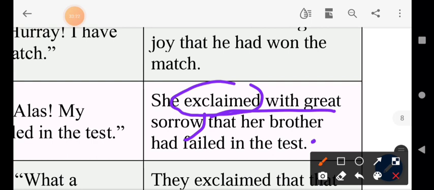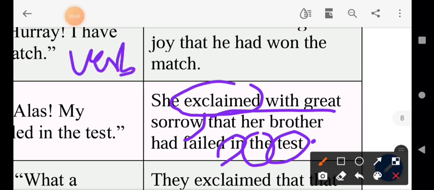The interjection word has been dropped. Her brother had failed in the test. "In" is a preposition, "the" is a definite article, test is a noun. We never change articles, prepositions and nouns. We can only change the verb, adverbs of place and time, and tense.